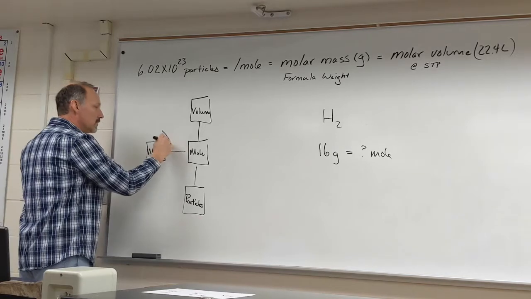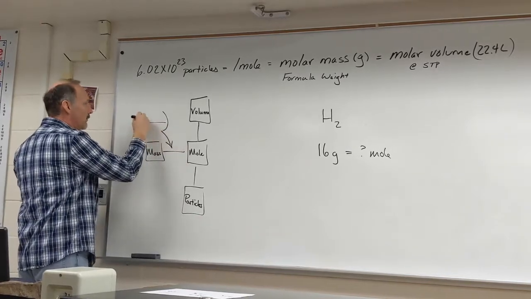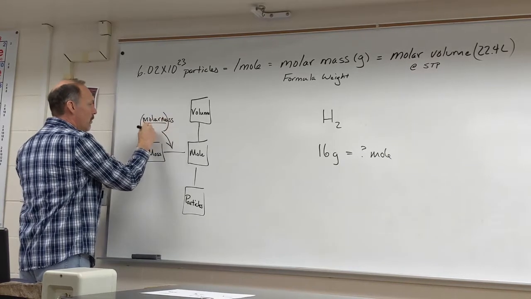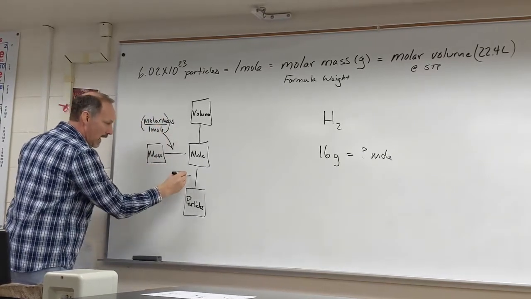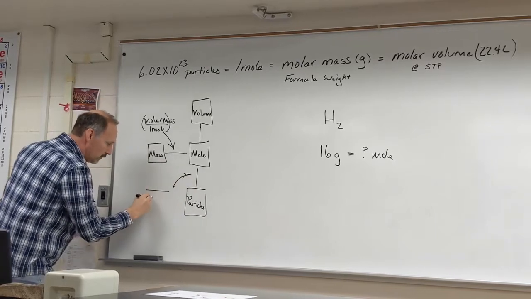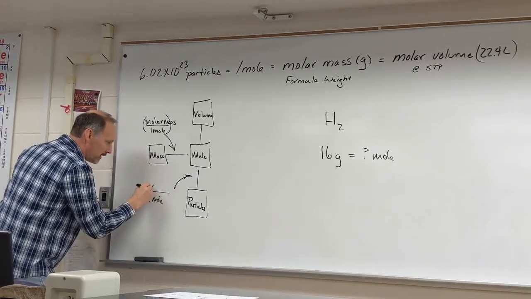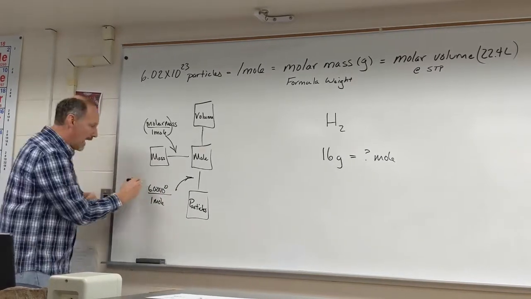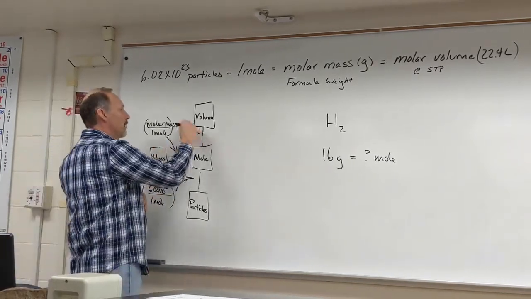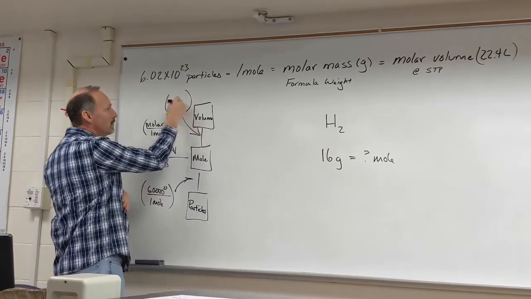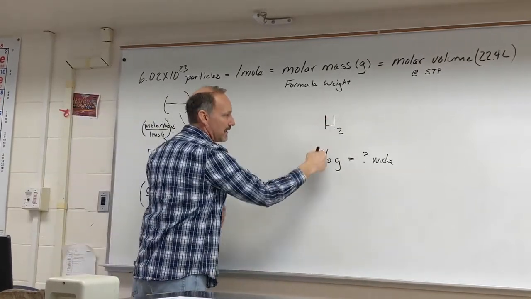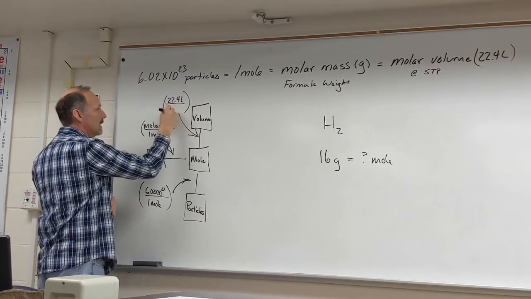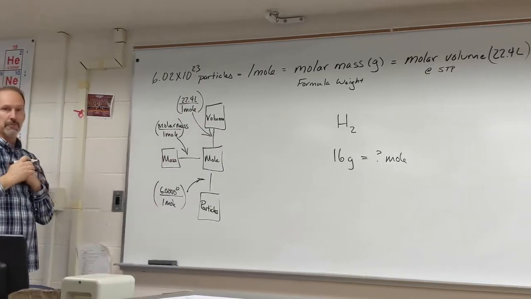We know that the molar mass is equal to 1 mole, and 1 mole has 6.02 times 10 to the 23rd particles, and we can use any name like atoms, molecules, ions. And we also know that 1 mole of any gas, if it's at STP, is 22.4 liters of space it will take up. And so we had those conversion brackets.